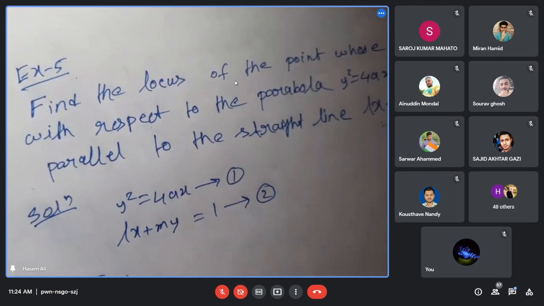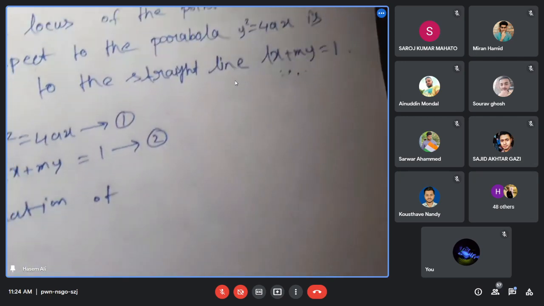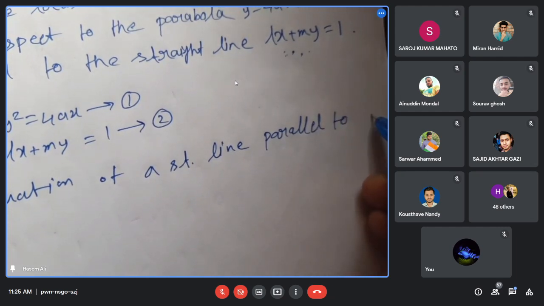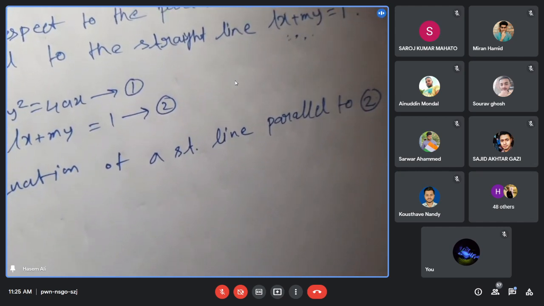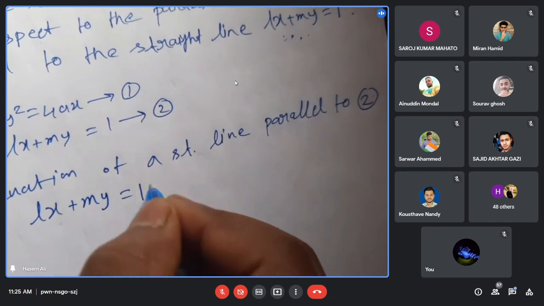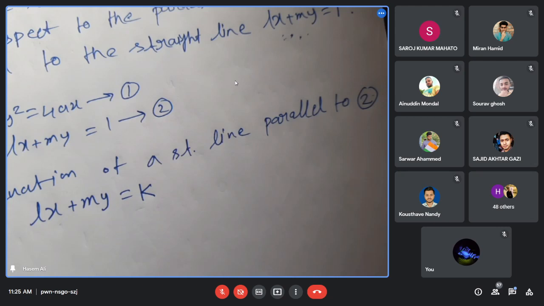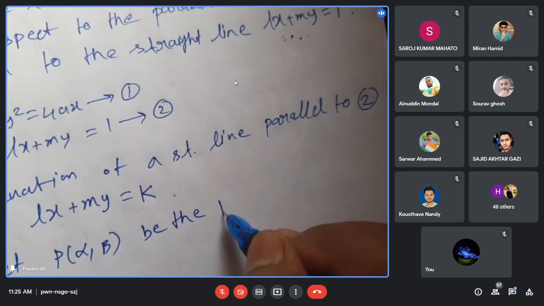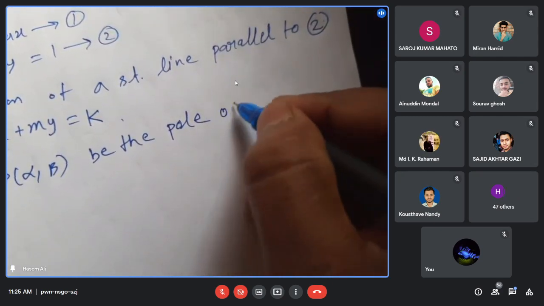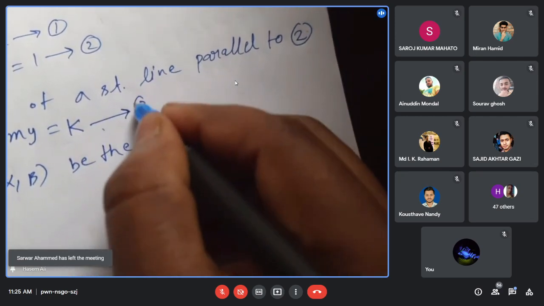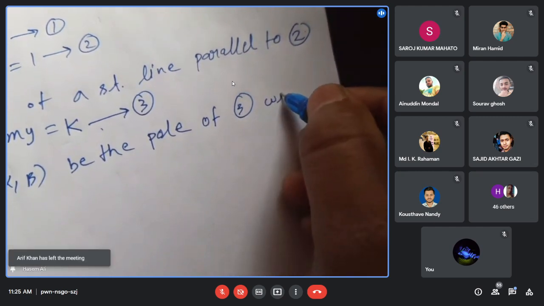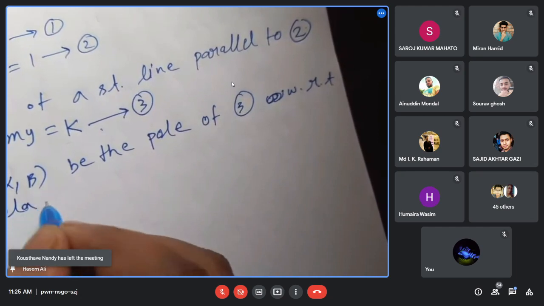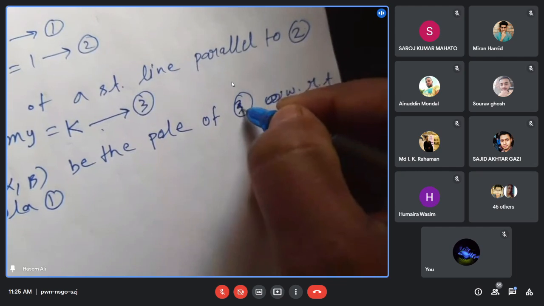Let the equation of a straight line parallel to equation 2 be lx plus my equals k. Let P(alpha, beta) be the pole of this straight line, equation 3, with respect to the parabola 1.